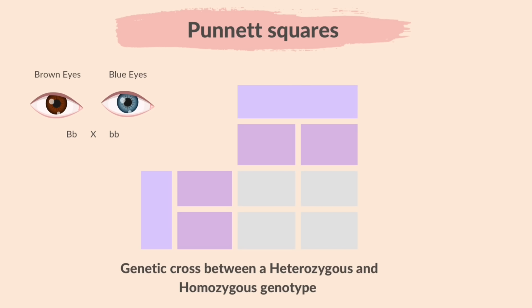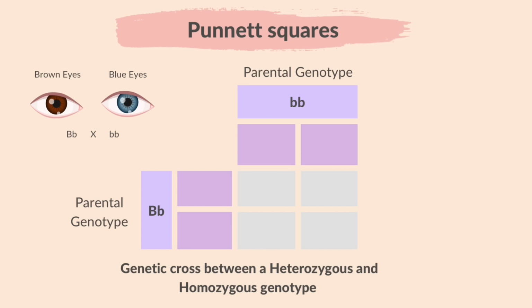In the next example, let's say a heterozygous parent is crossed with a blue-eyed parent. That's a homozygous recessive. So the genotype of the heterozygous brown-eyed parent will be capital B, small b.